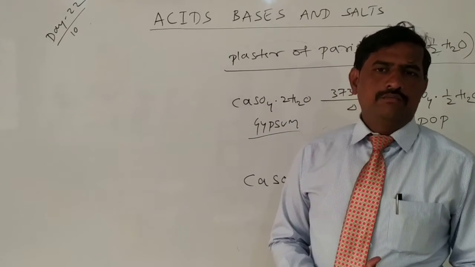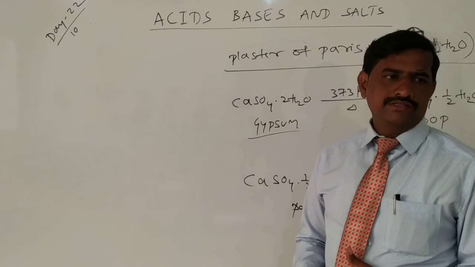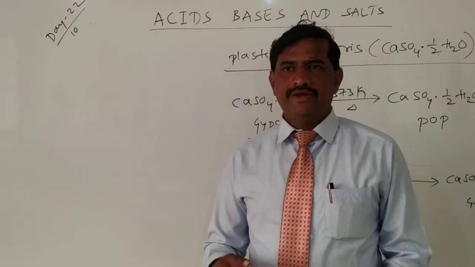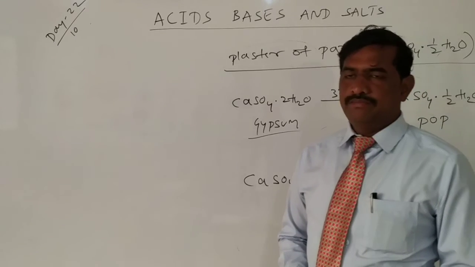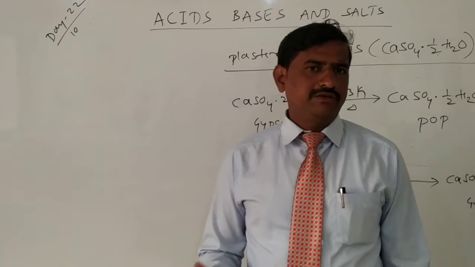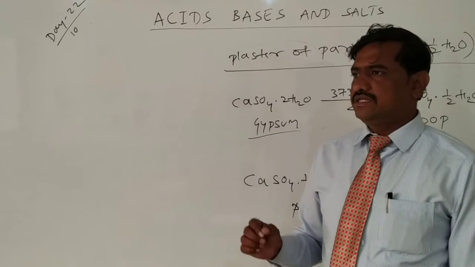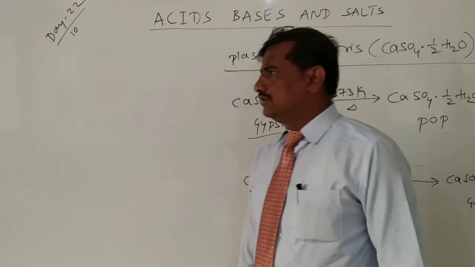Common salt, dissolved in water, by passing electricity, in the chloralkali process, we get sodium hydroxide and chlorine gas. The next one, bleaching powder. Bleaching powder is nothing but calcium oxychloride. By passing chlorine gas over dry slaked lime, we get calcium oxychloride.